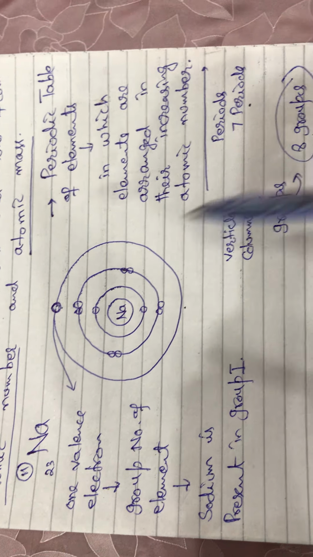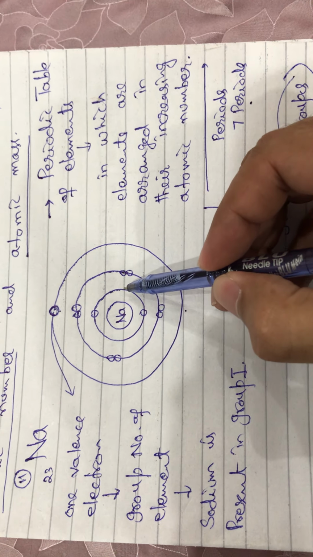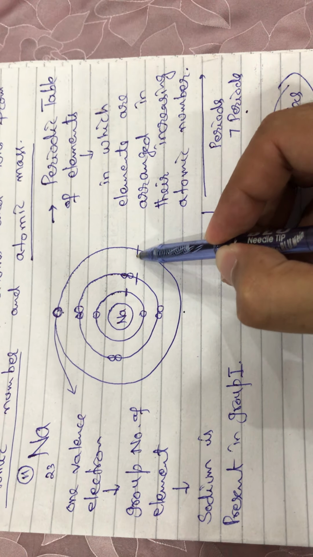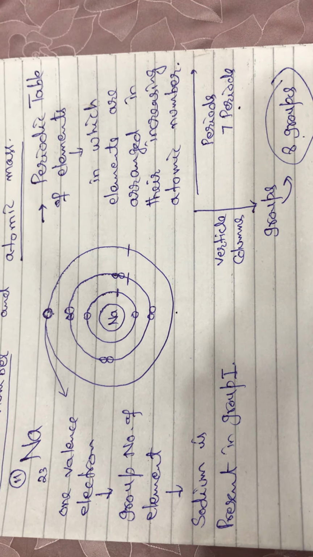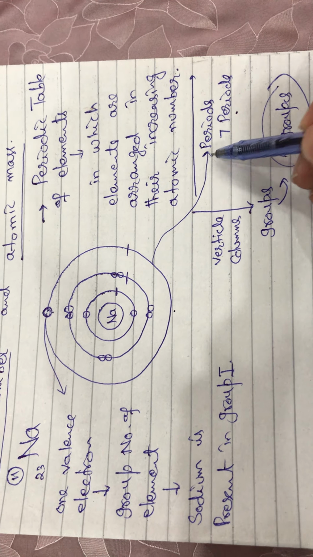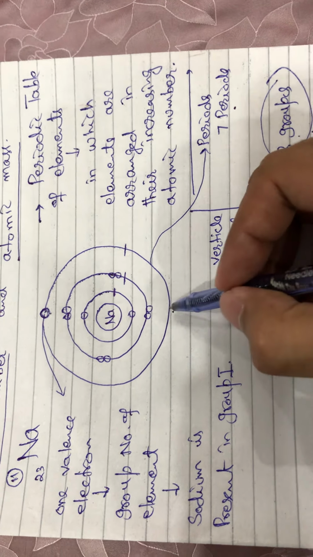Now secondly, how many electron shells do we have over here? 1 electron shell, 2 electron shells and 3 electron shells. So electron shells have a direct relation with the period number.